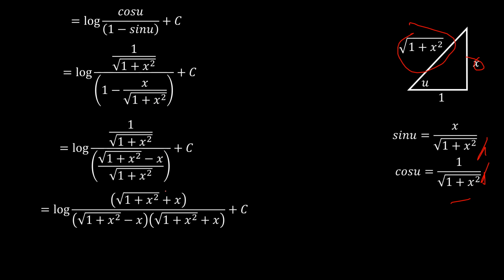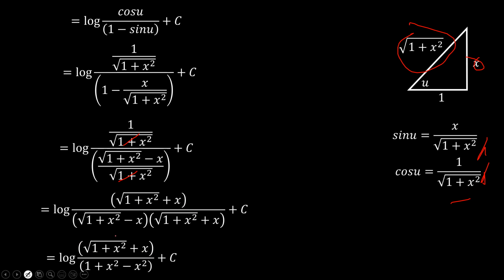We can reorganize it a little bit so that when you do that, this and that would go. And then if you multiply the denominator and the numerator respectively by square root of 1 plus x squared plus x, this becomes natural logarithm of square root of 1 plus x squared plus x.